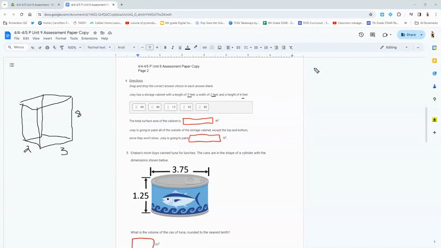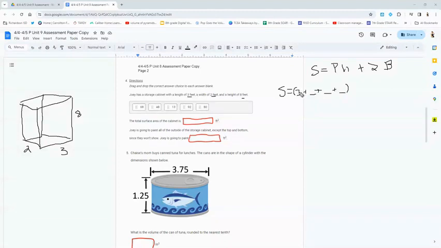So I know the formula for surface area is S equals PH plus 2B. And P represents perimeter of the base. And there's 4 sides to the base. So I'm going to do S equals, and we're going to do 1, 2, 3, 4. And we're going to add all 4 of those sides.